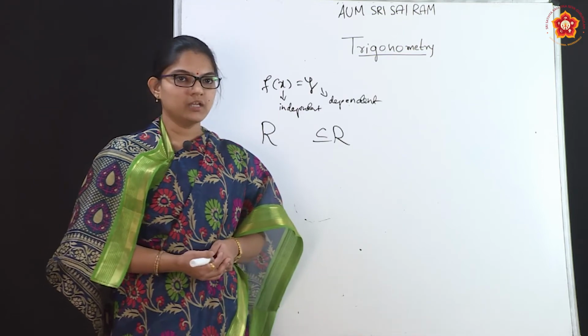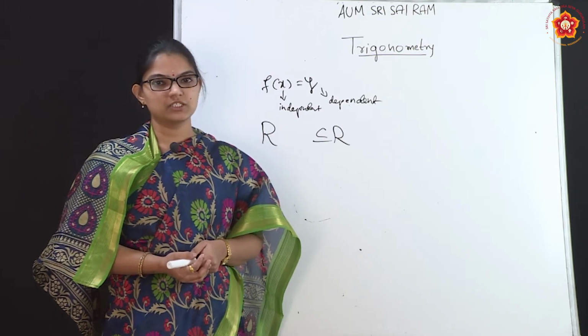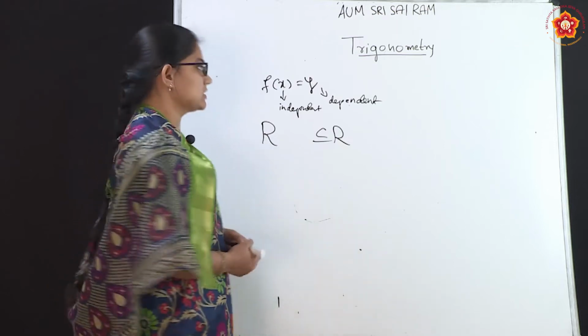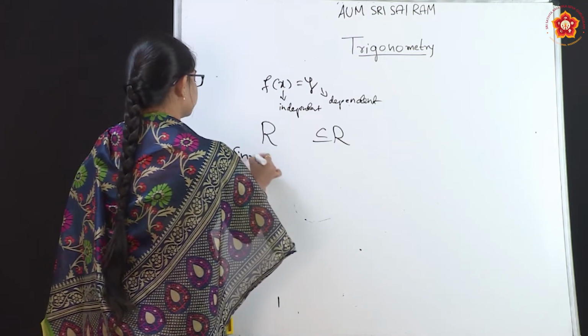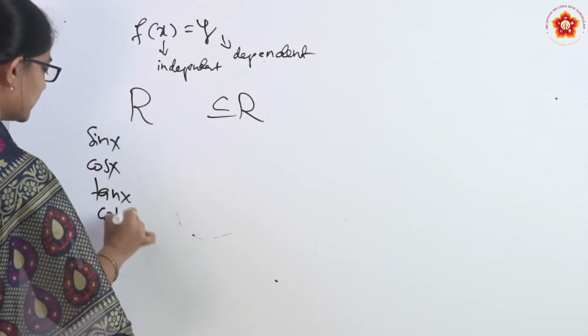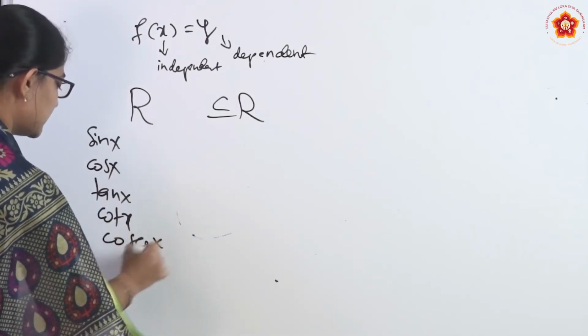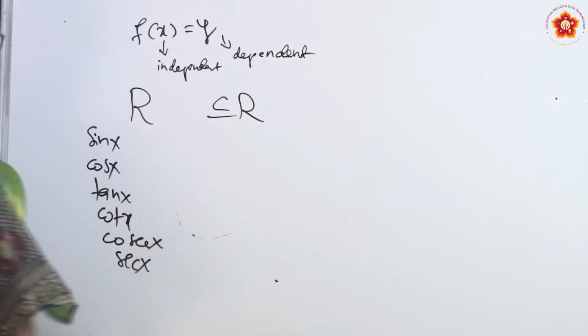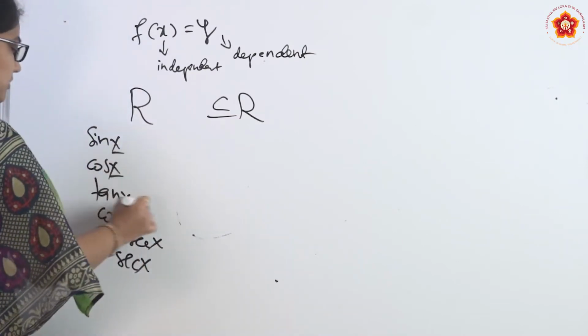And there are 6 trigonometric functions, that is sin x, cos x, tan x, cot x, cosecant x and secant x, where what is this x here?